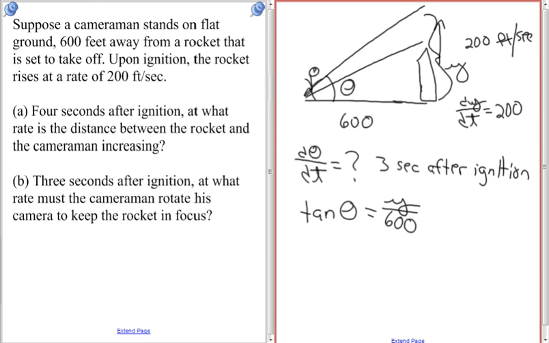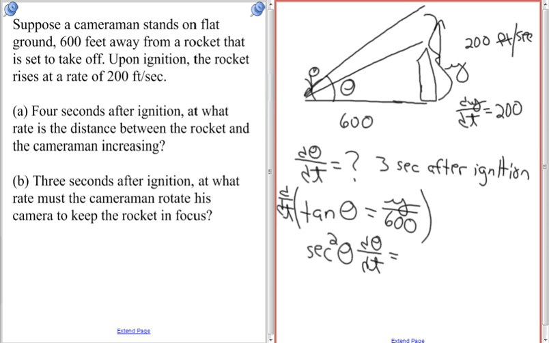But once again, the question is actually about the derivative. We want to know information about d theta dt. So once again, we will take this original relationship and take the derivative with respect to t, with respect to time. On the left side, the derivative of tan theta is secant squared theta, and we mark the theta d theta dt.